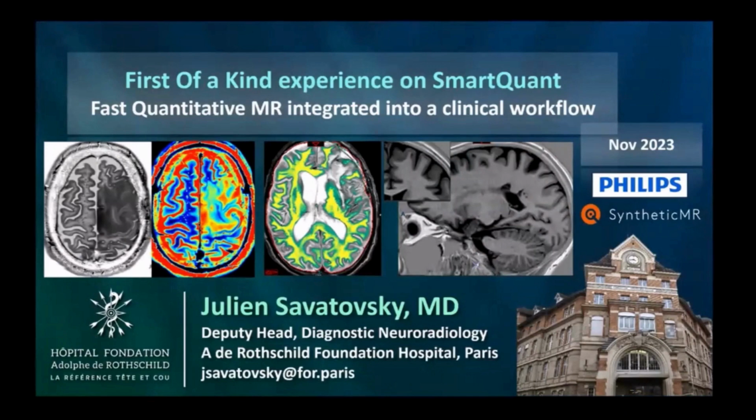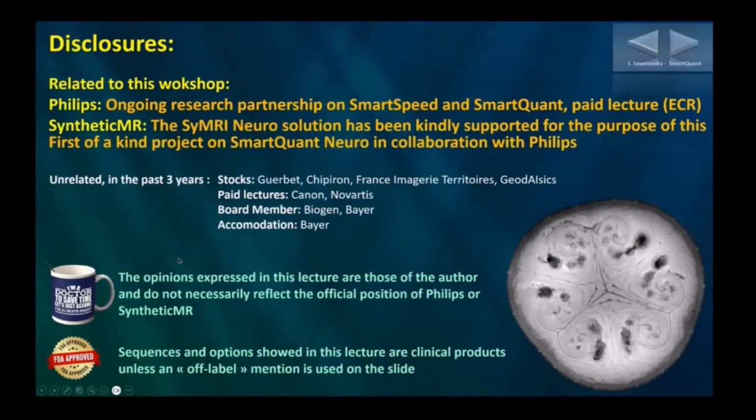Thanks, Nico. So I will share with you now my experience with SmartQuant over the last months. As has been said, it's a fast quantitative MR that is now integrated in our workflow. Here are my disclosures: I must disclose a research partnership with both SyntheticMR and Philips on SmartQuant.